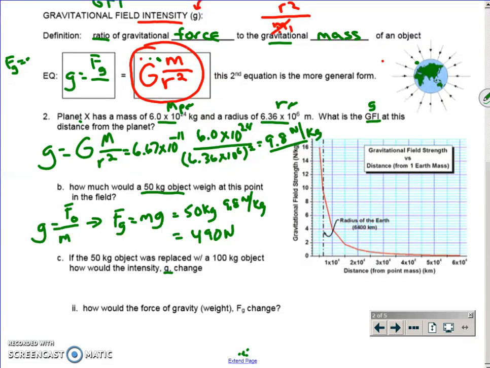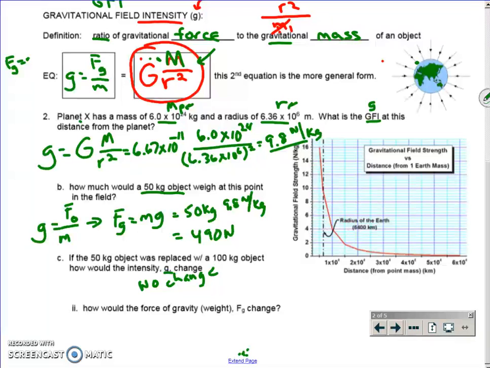However, you have to realize up in the numerator would also be twice the force, so they'd cancel out. So when you ask how does little g change based on factors, again, go with the second equation. The mass of the little object is not in there. This is the source of the field right here, not the object in the field, feeling the force. So there'd be no change. That's the hard thing for kids to realize.